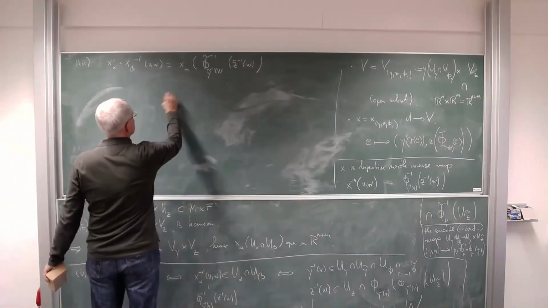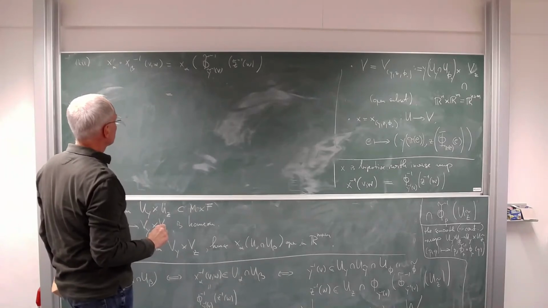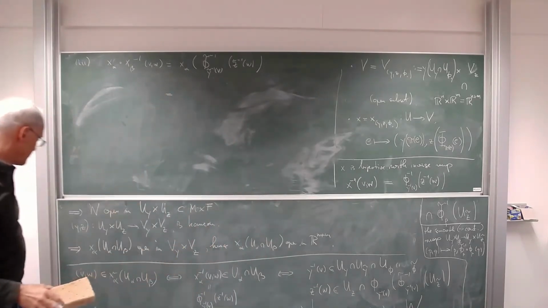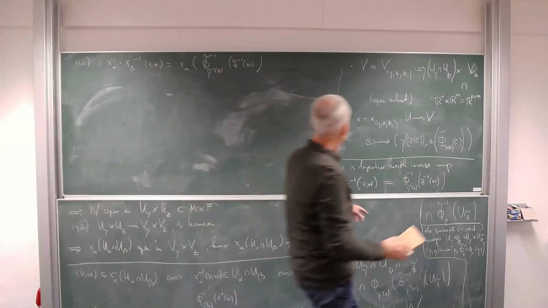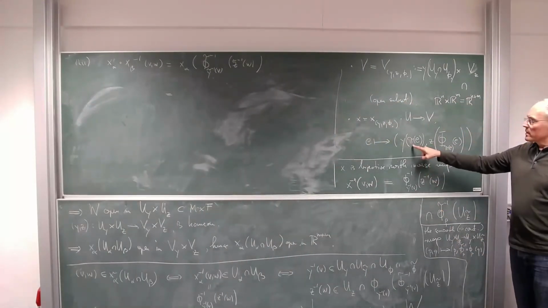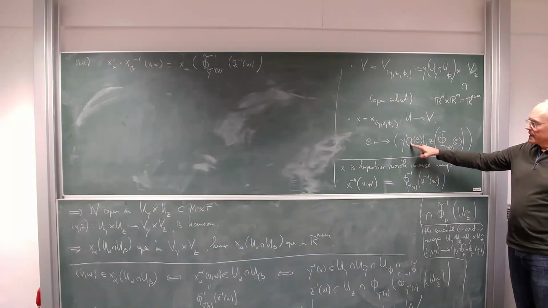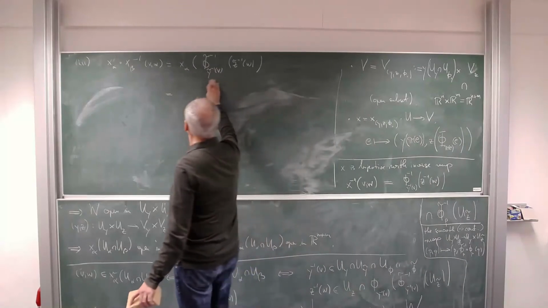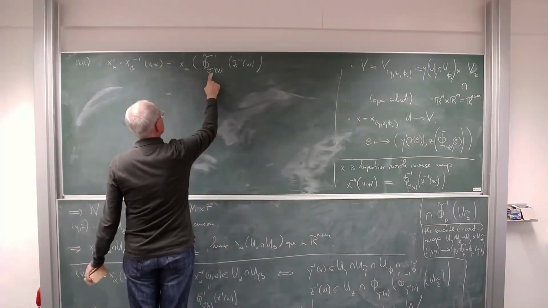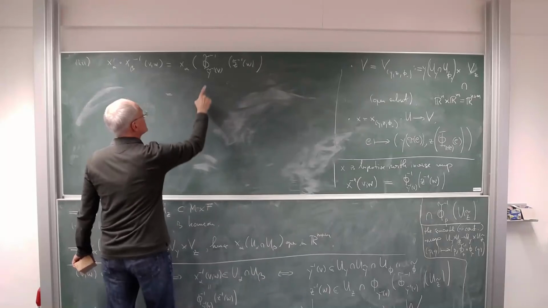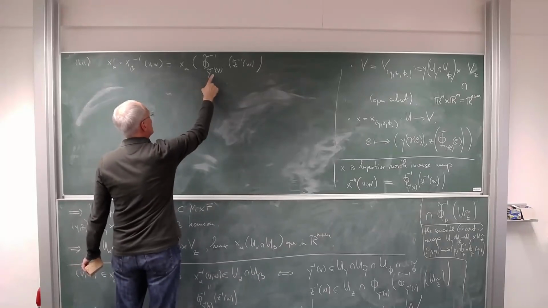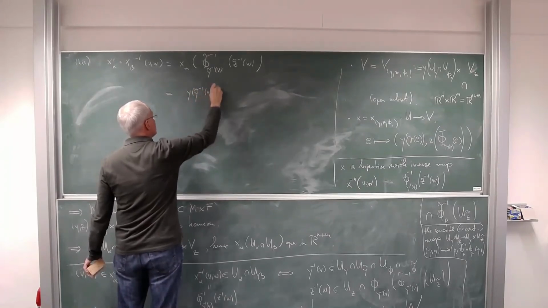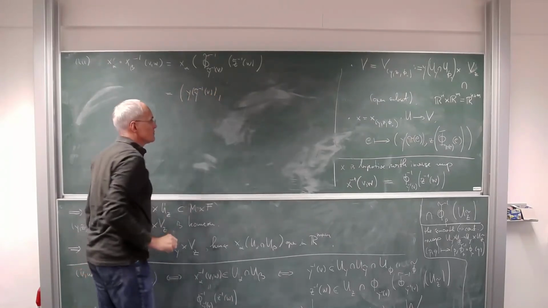All right, so what is it? Unfortunately I erased the definition of X alpha. It's still here, exactly. So the first component is obtained by looking at the projection and applying the chart Y to it. So this is the base point, and I have to apply the chart Y to it. So this gives me Y of Y tilde to the minus 1 of V. So that's the first component.